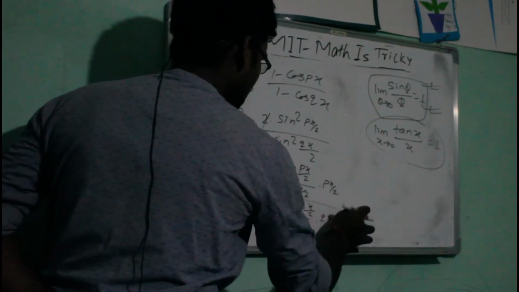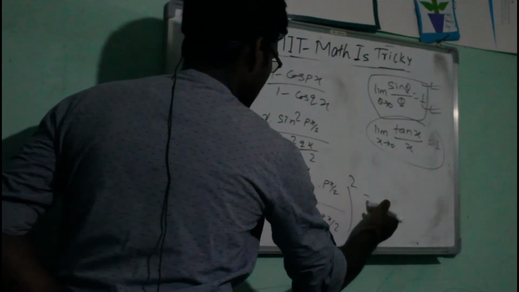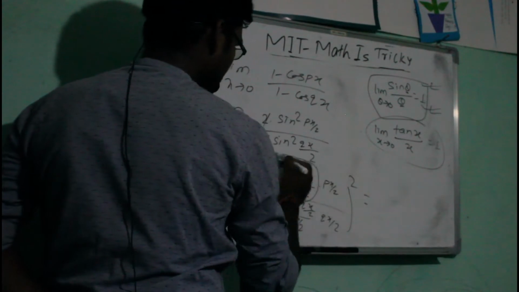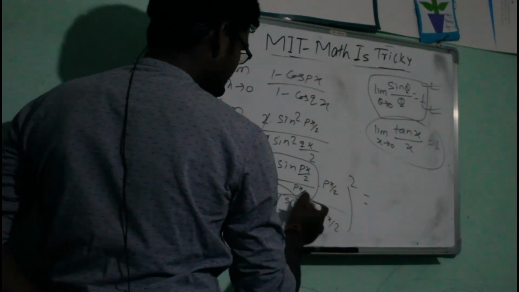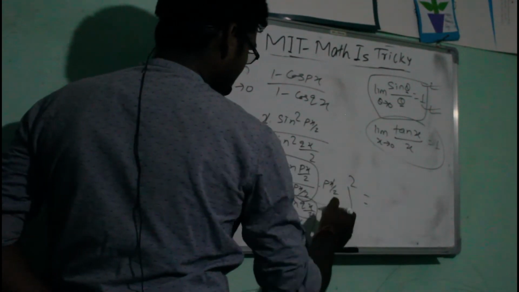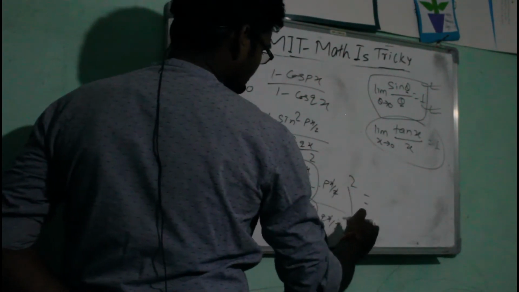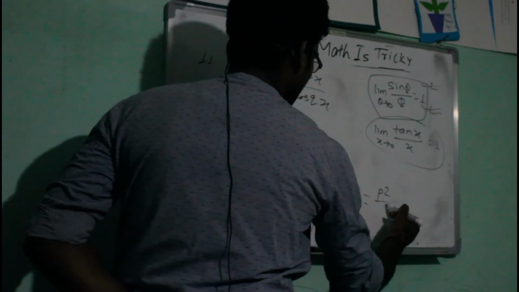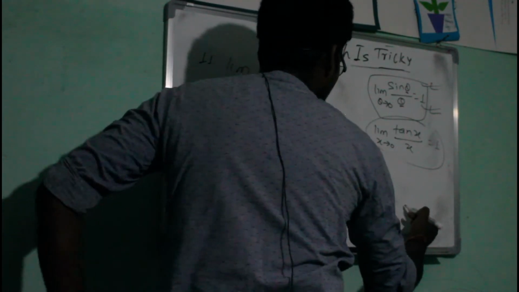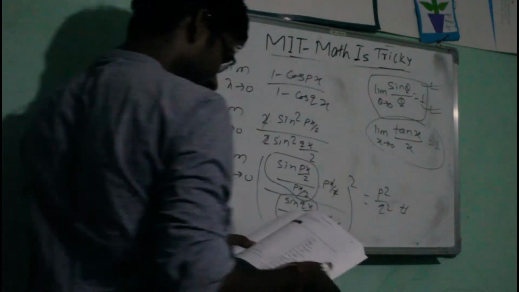There is a whole square. Let's put the whole square here, so that this gives 1, and again this is 1. We can cancel the 2 and 2, x and x, so that we will be getting p square by q square as our final answer.